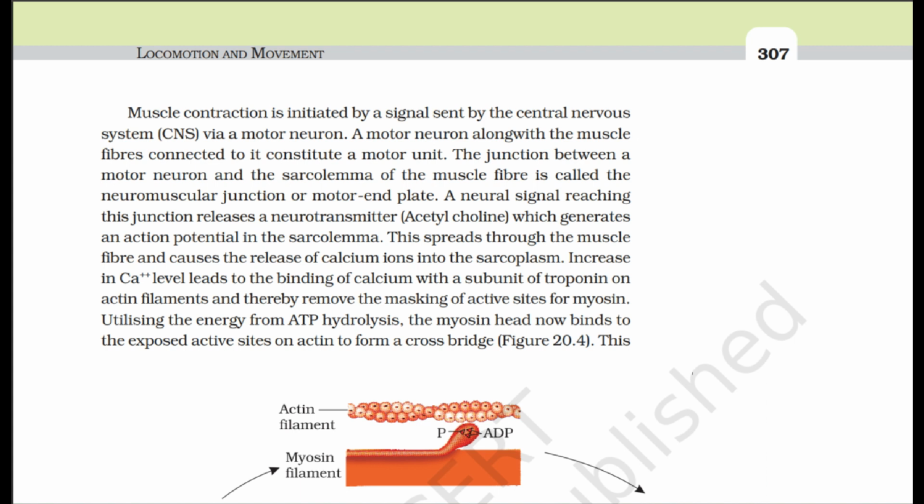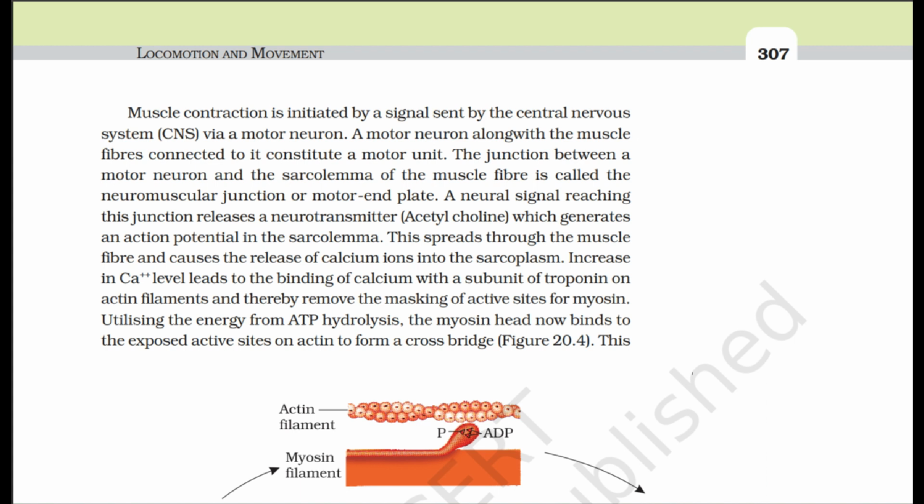A motor neuron along with the muscle fibers connected to it constitute a motor unit. The junction between a motor neuron and the sarcolemma of the muscle fiber is called the neuromuscular junction or motor end plate. A neural signal reaching this junction releases a neurotransmitter, acetylcholine, which generates an action potential in the sarcolemma.